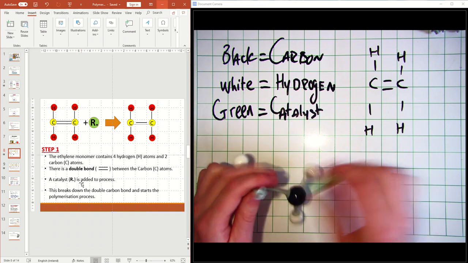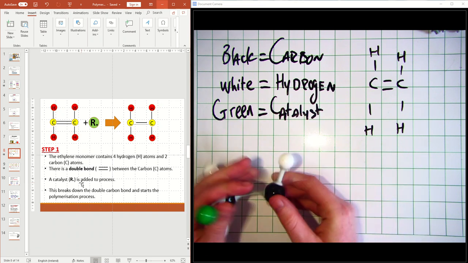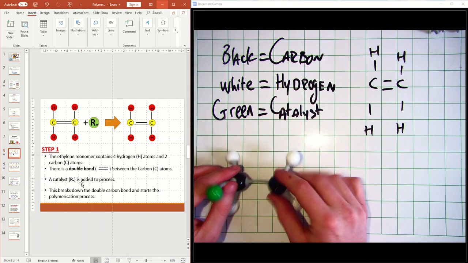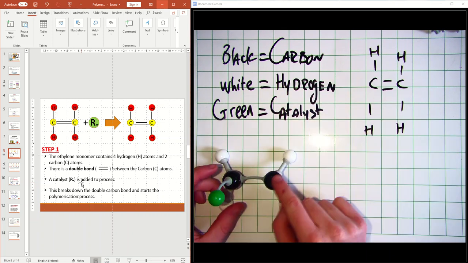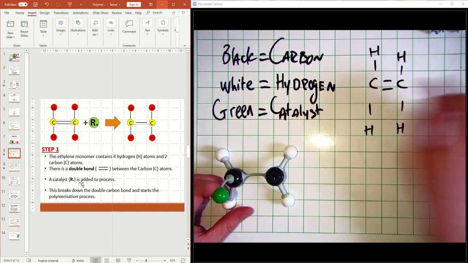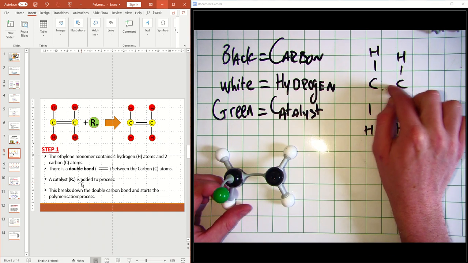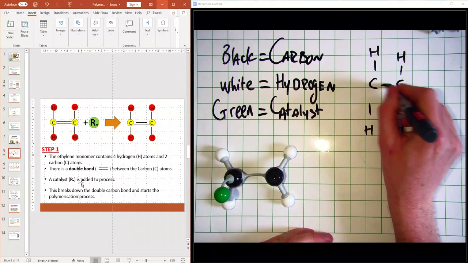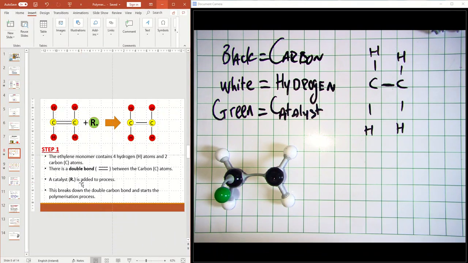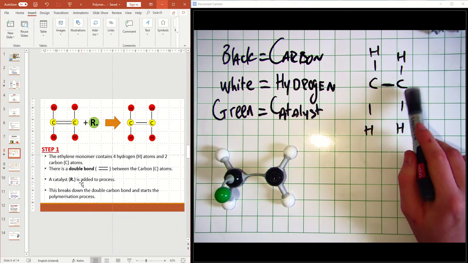The other bond now joins on to that catalyst. So essentially I'm after getting rid of this double bond and adding in a single bond.